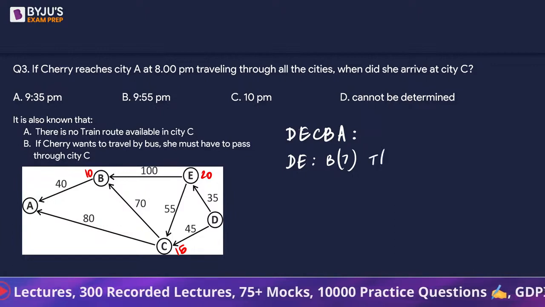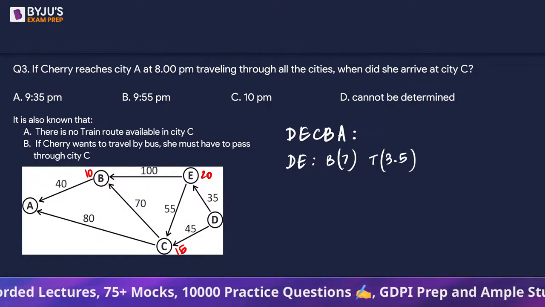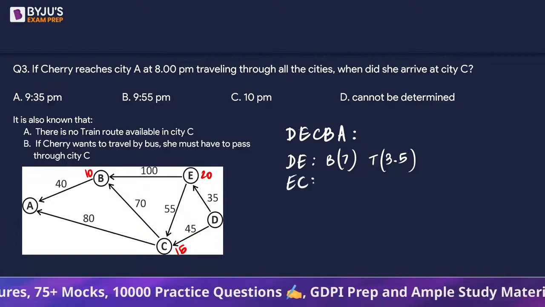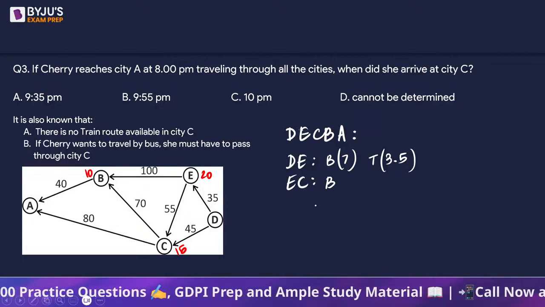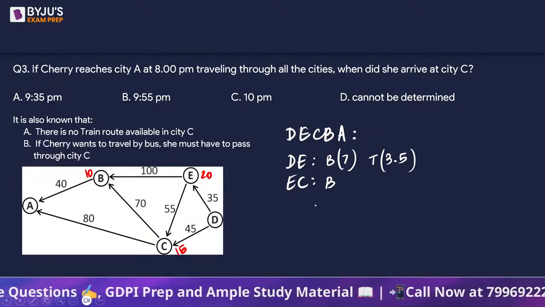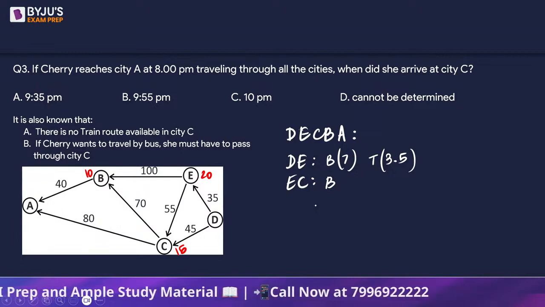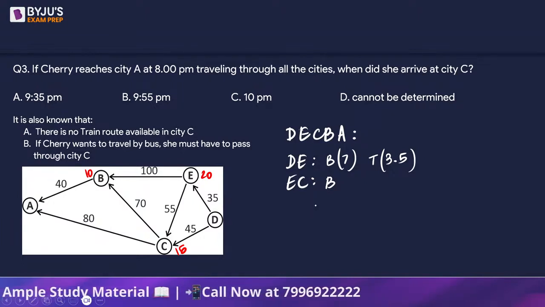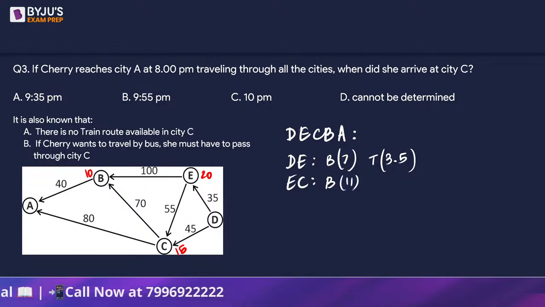If somebody is going to take a train, he's going to take 3.5 hours. So after DE the next route is EC. Somebody will have to take a bus because a train is not available at city C. So that is going to take 11 hours, right?